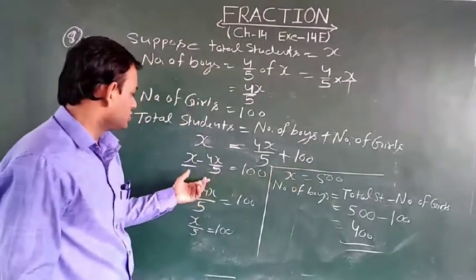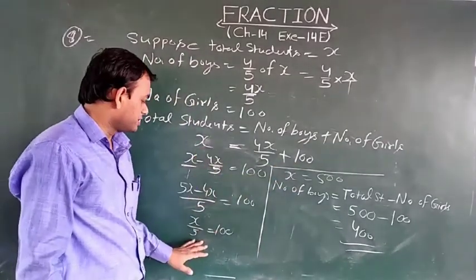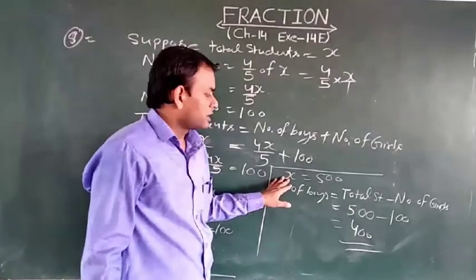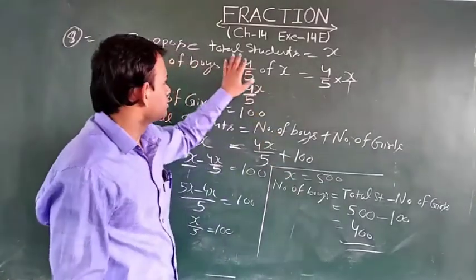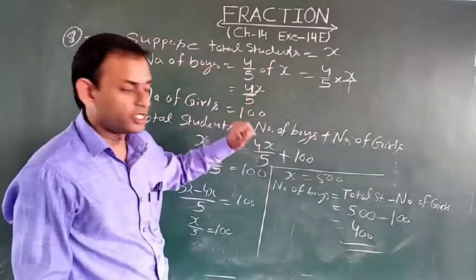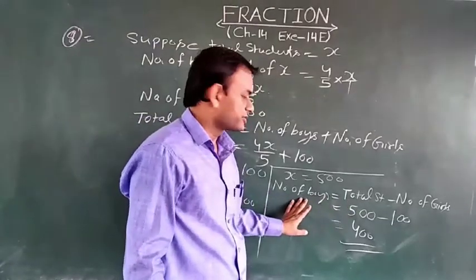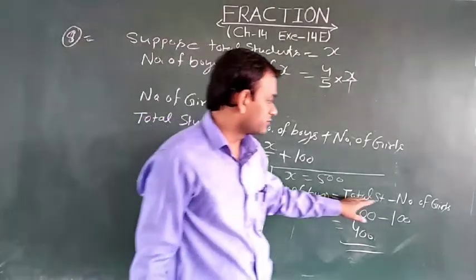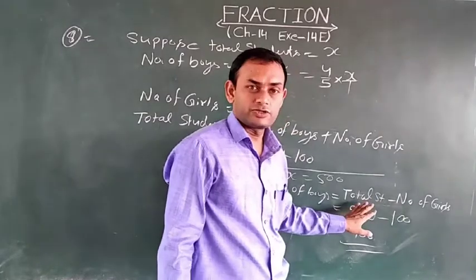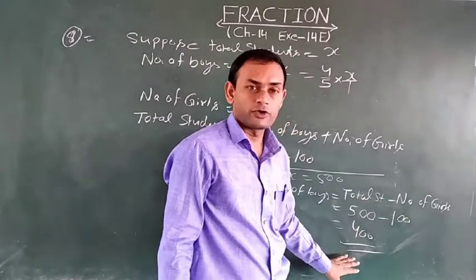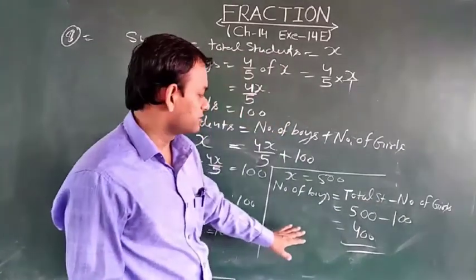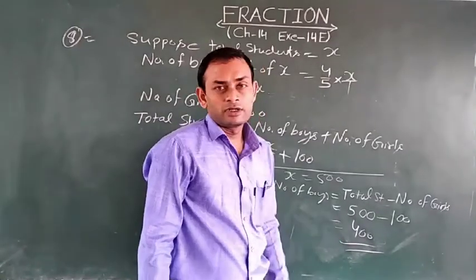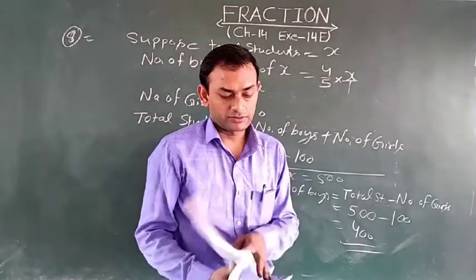Then after you will just solve this, and you will get the value of x, that is the total number of students, and we have to find the number of boys. So for that you will just subtract the number of girls from the total students, and you will get the 400. That is the number of total boys in the class.